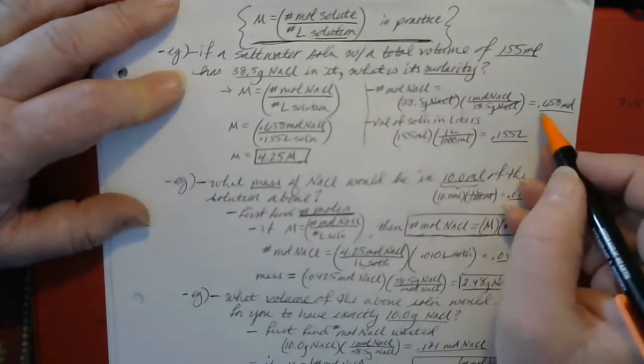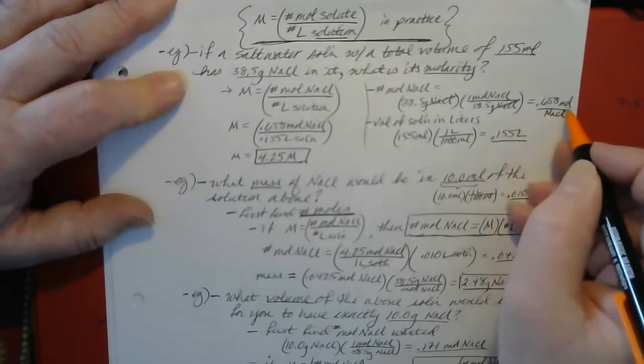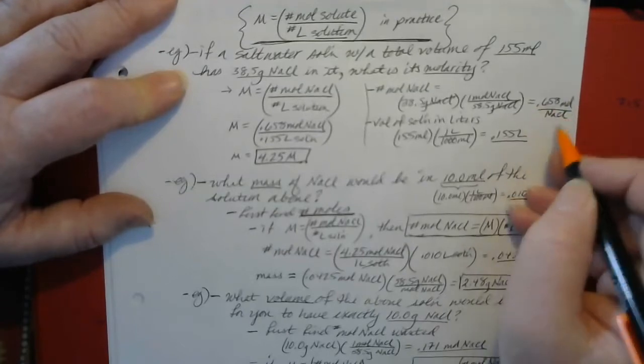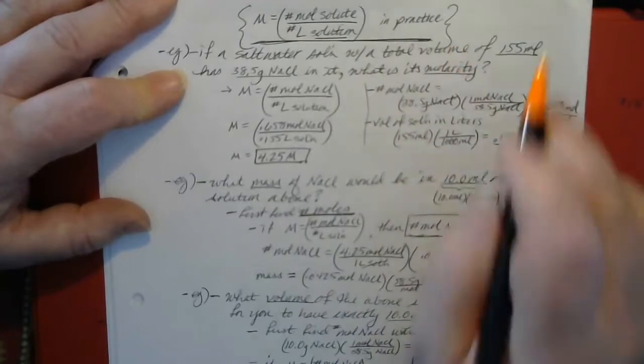Grams of sodium chloride will cancel out, and you get 0.658 moles of sodium chloride. So that's how many moles of sodium chloride are in that solution.